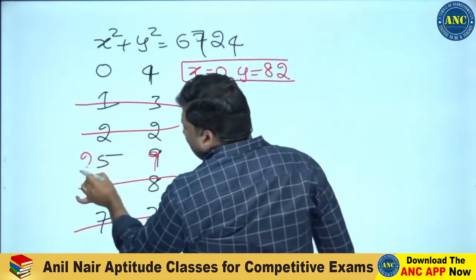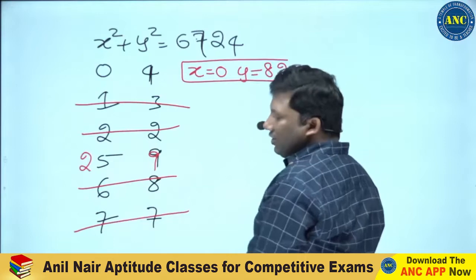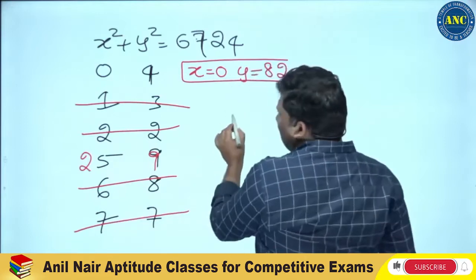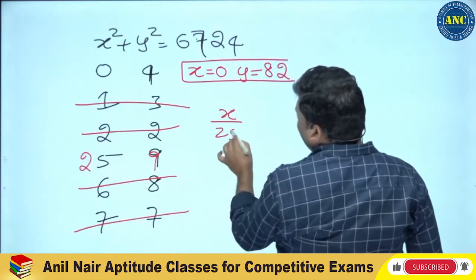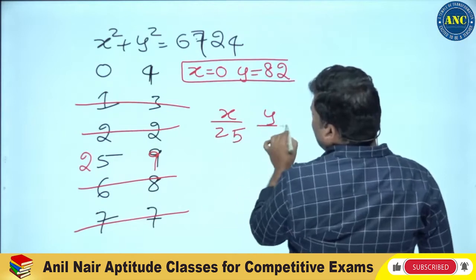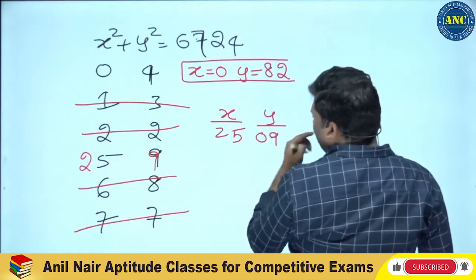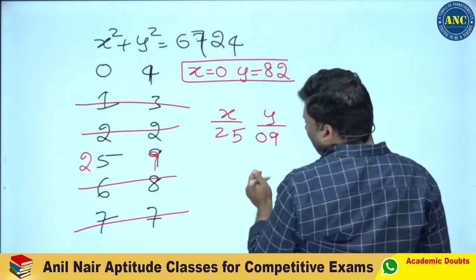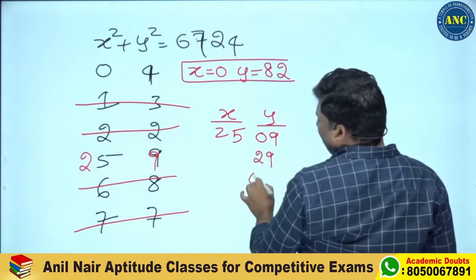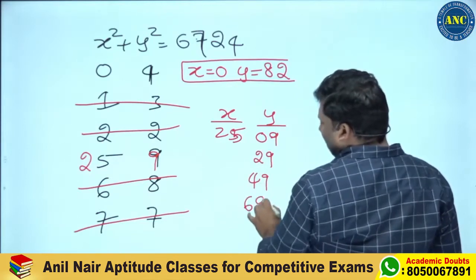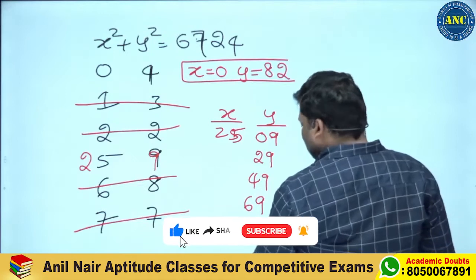So it ends with 25. We will take the case where x ends with 25. Y will be an even number: 0, 9, 29, 49, 69 and 89. These are all the cases.